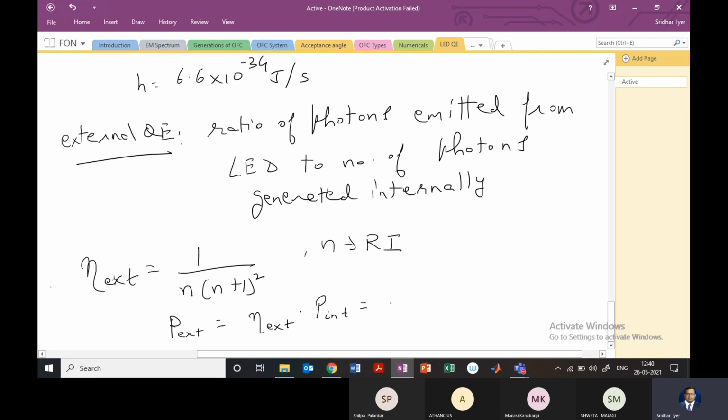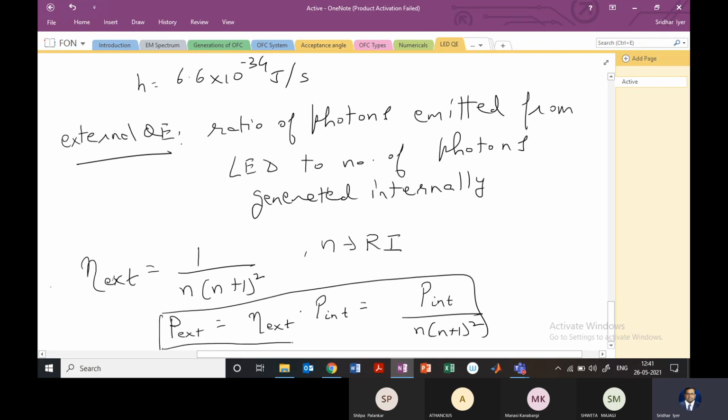So this will be the internal power which we have calculated before divided by n into n plus 1 the whole square. To calculate the complete external power of the LED, we need to know the refractive index.